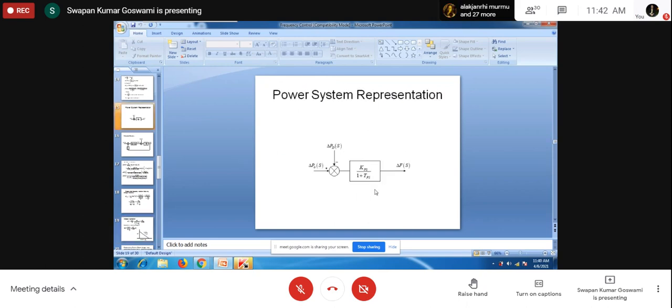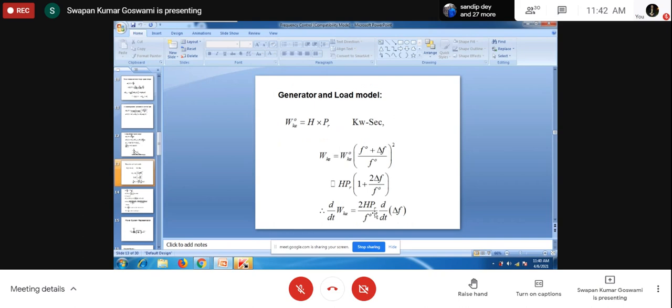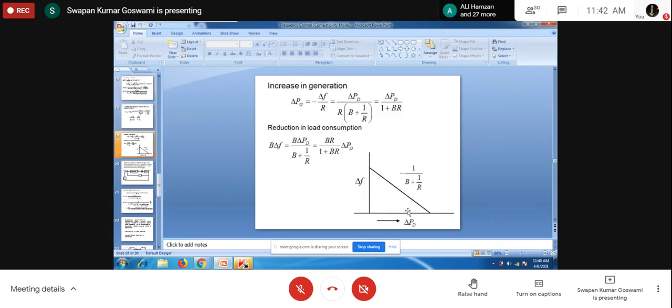Previously, whatever we showed was the load frequency characteristic of the governor, and this is the load frequency characteristic of the power system, including the governor action and the behavior of the load.